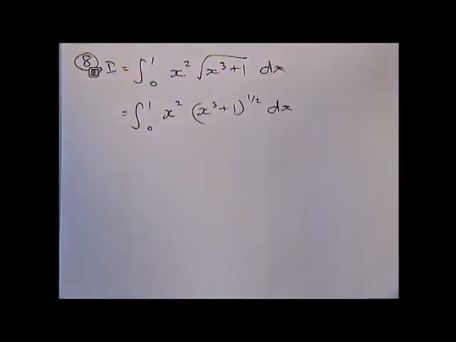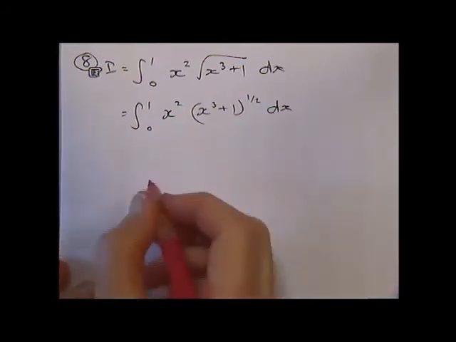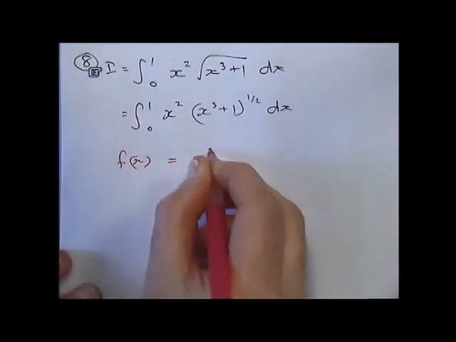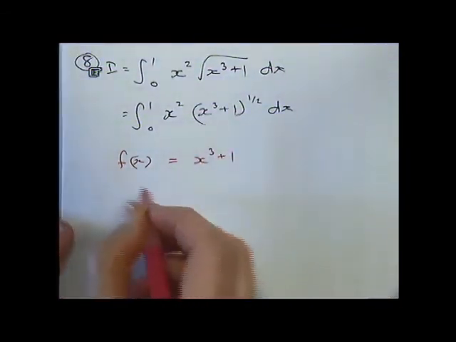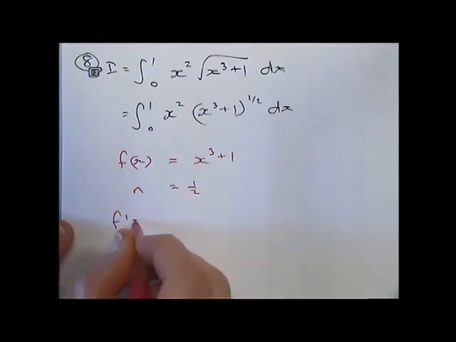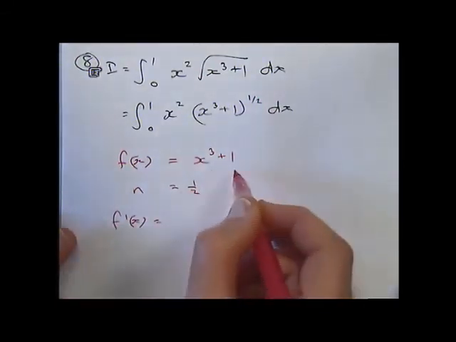Can we see any way of using any quick method? Joe, go on. Do f(x) as x cubed plus 1, because that has got a power on it. What's the power then going to be? 1/2. Okay, what is the derivative of the function you have given me?